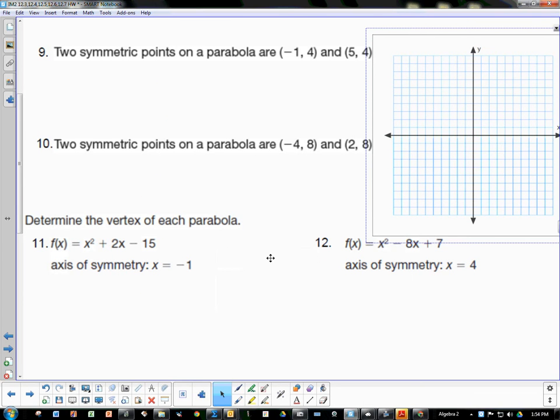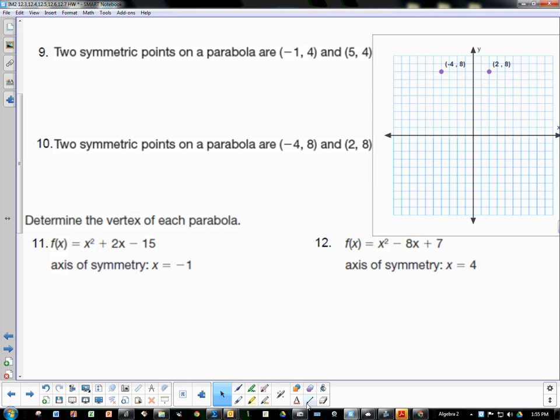All right, let's try this next one, number 10. It states here that we have two symmetric points on the parabola are -4, 8, and 2, 8. So -4, 8 happens to be right there. And then we have 2, 8. So here is 2, comma, 8.